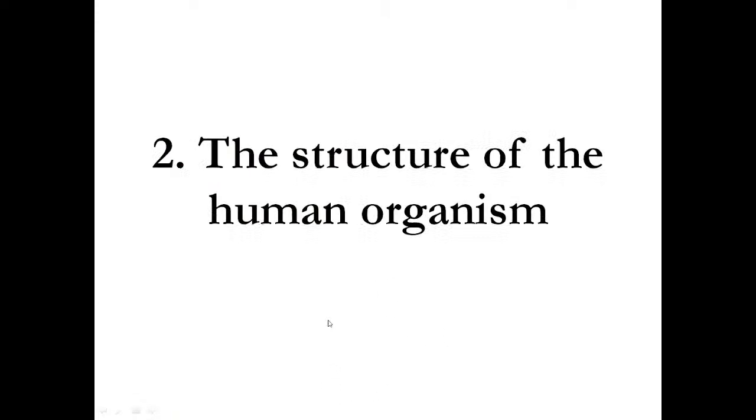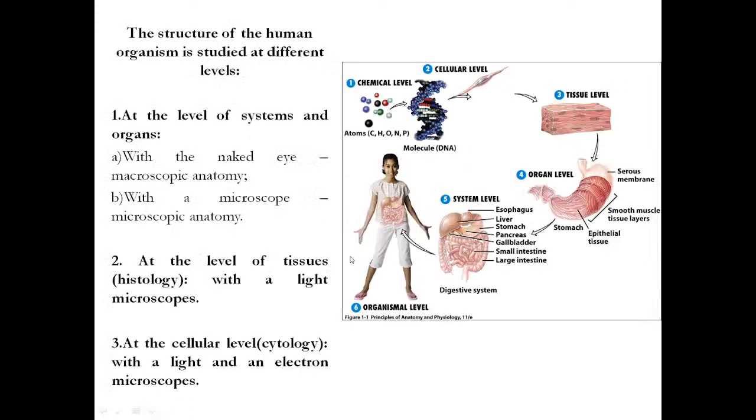Next question, the structure of the human organism. The structure of the human organism is studied at different levels. The first level is the level of systems and organs, studied with the naked eye, macroscopic anatomy, and with the microscope, microscopic anatomy.